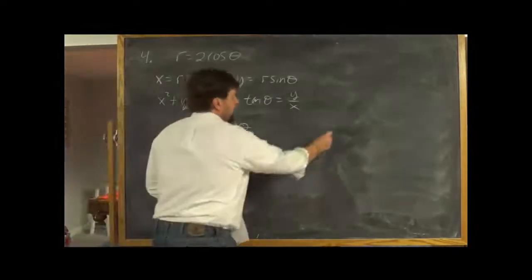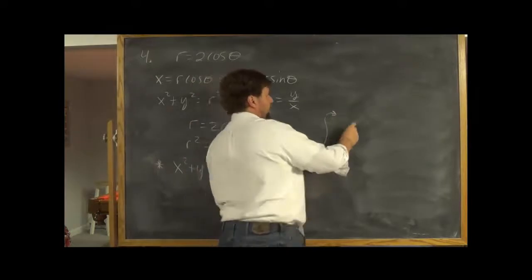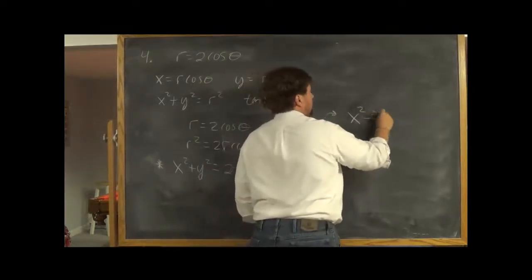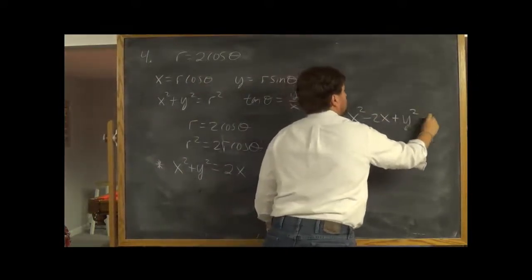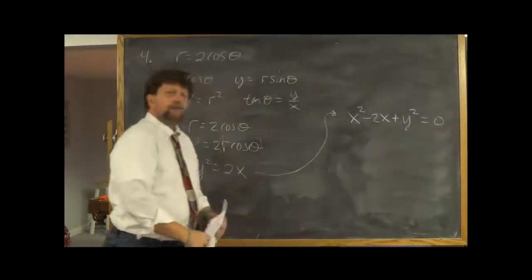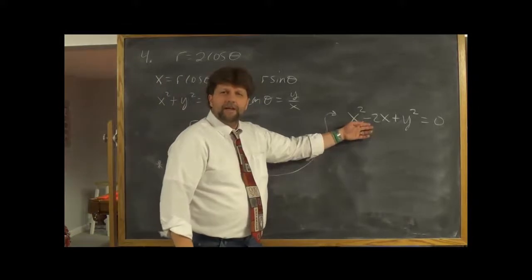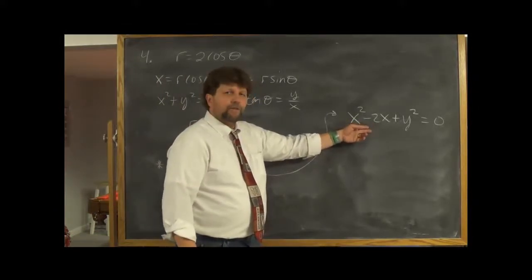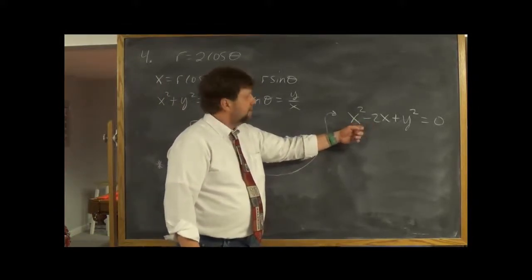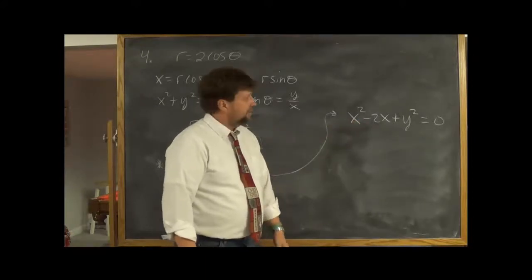But you could, pulling the equation over here, subtract the 2x from both sides of this equation and say, hey, that's my rectangular equation. Nothing wrong with that. It's a good rectangular equation.